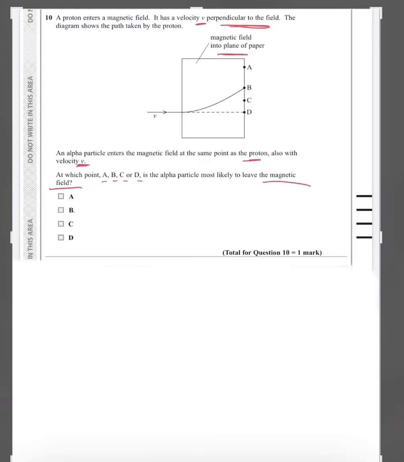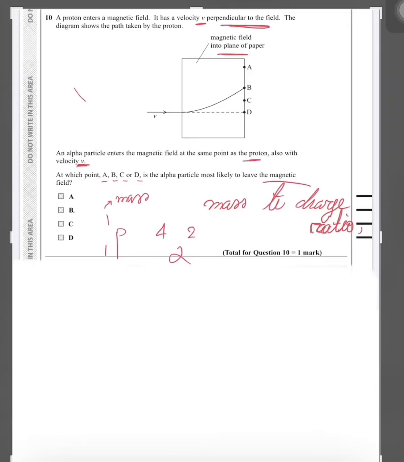So we have to consider the mass to charge ratio. So we know that the proton has a charge of +1 and a mass number of 1. And an alpha particle has a charge of +2 and a mass number of 4. This is the mass number and this is the charge. So the mass to charge ratio of proton is 1, since the mass is 1 and the charge is 1, so 1 divided by 1 is 1.